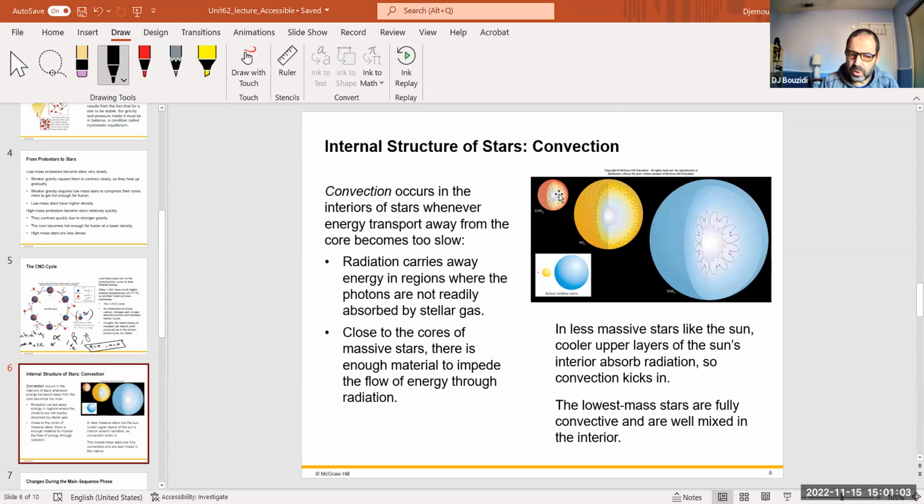This is very good for a low mass star because it helps mix the gases inside, which renews its core and keeps it active for a lot longer. First of all, the nuclear reactions are extremely slow. Furthermore, it's going to fuse more hydrogen in the long term because it's getting more hydrogen from the remainder of the star into its core to fuse. So low mass stars can live forever, basically.